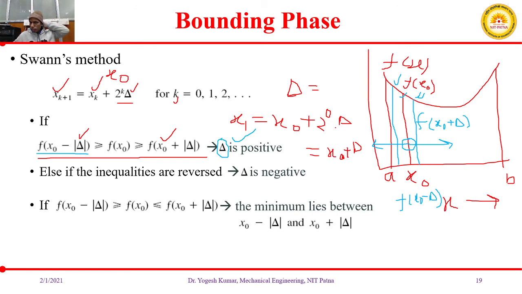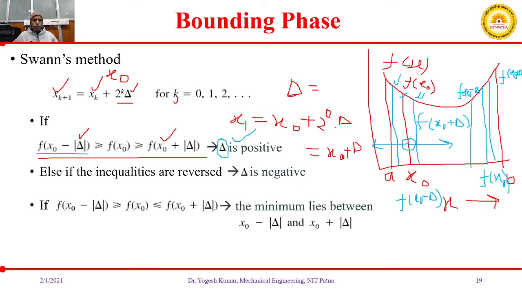Okay, and similarly, suppose we have taken some starting point, let's just take this point. Suppose this is your x0. If you are calculating the value of the function this time, this will be fx0 minus delta, and this will be fx0 plus delta.